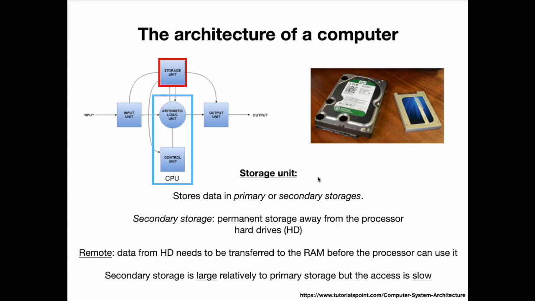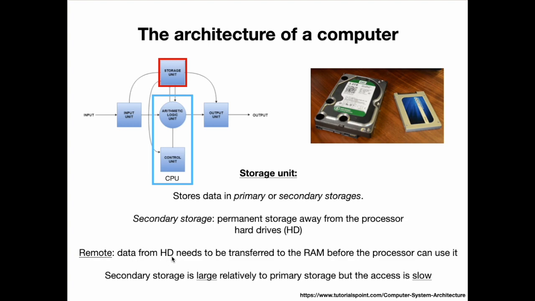The second type of storage unit, the secondary storage, is basically the permanent storage. The permanent storage, for example a hard drive, is physically away from the processor. It's still inside the computer, but it's not directly plugged to the processor. So we say this memory is remote.